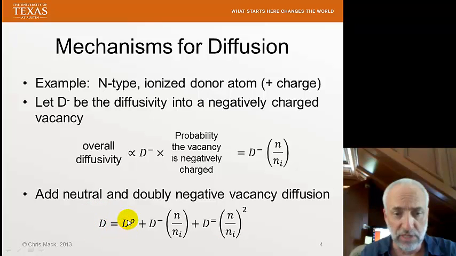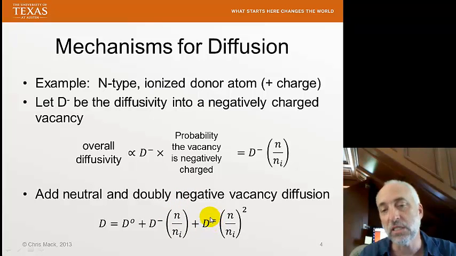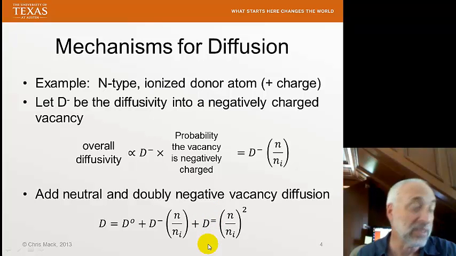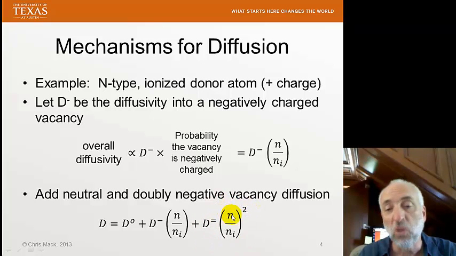It's equal to the diffusivity into neutral vacancies, that's this D0, plus the diffusivity into a one negatively charged vacancy multiplied by N over Ni, the probability that we'll find a negatively charged vacancy, plus D=, this is the diffusivity into a doubly negative vacancy, a vacancy that has two negative charges, multiplied by N over Ni squared.